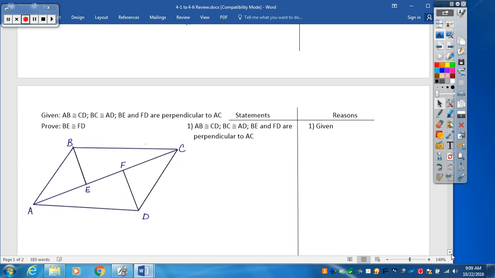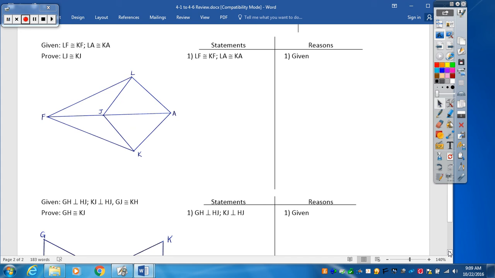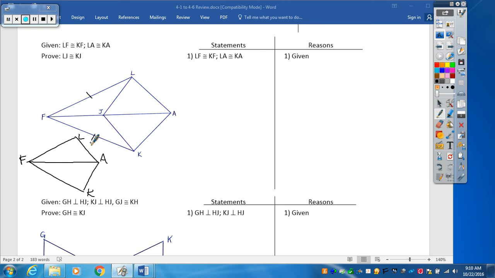And the second proof, here's what we have. I gave you the hint yesterday that you're probably going to prove triangle FLA congruent to triangle FKA first. And we're told that LF is congruent to KF and that LA is congruent to KA.